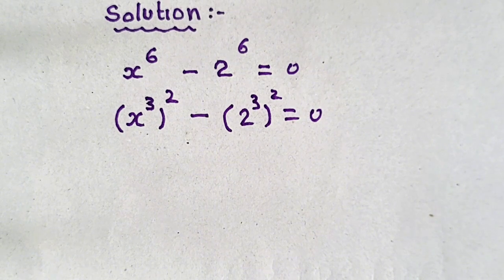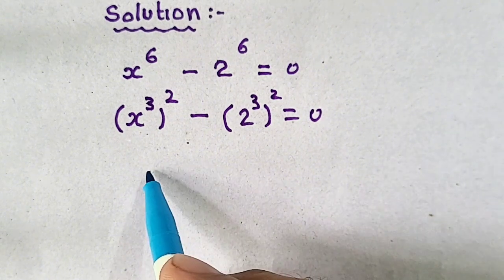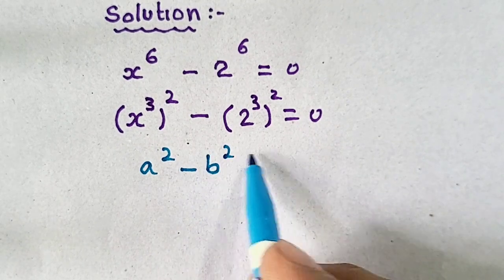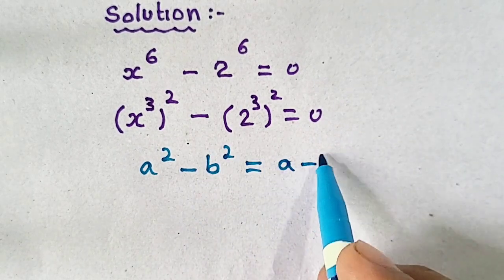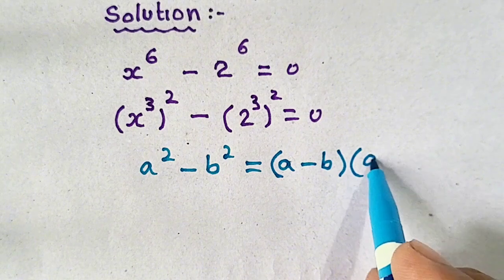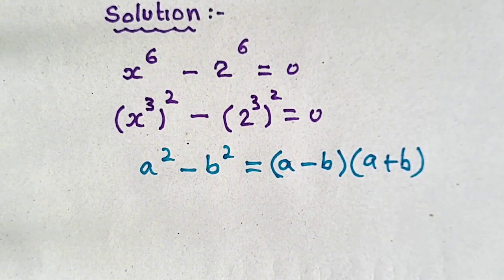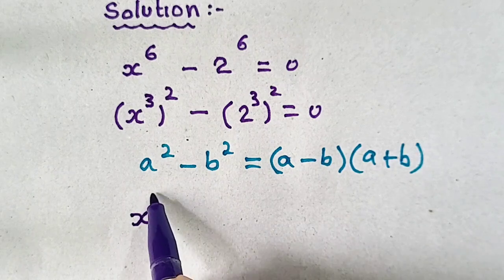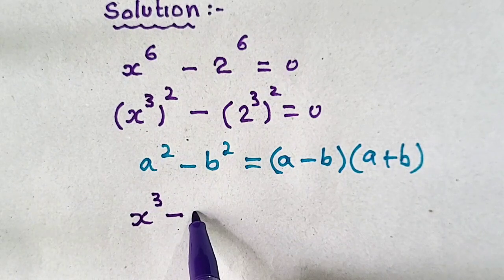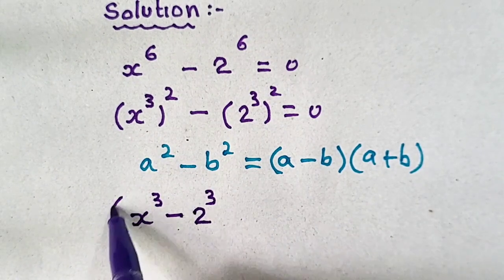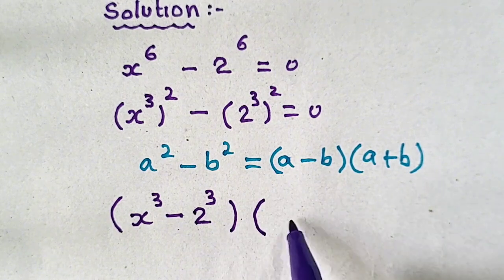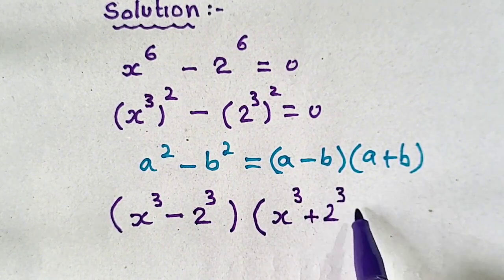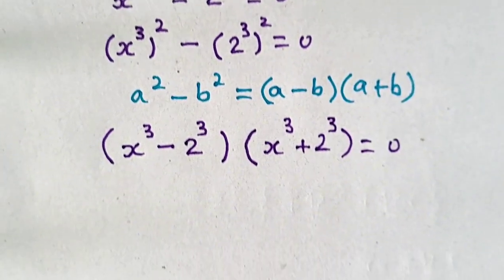Here we will use an identity: a squared minus b squared is equal to (a minus b) times (a plus b). So we will get (x cubed minus 2 cubed) times (x cubed plus 2 cubed) is equal to 0.